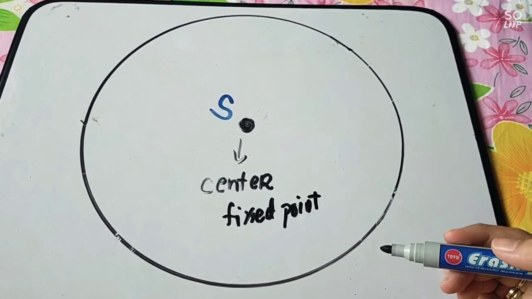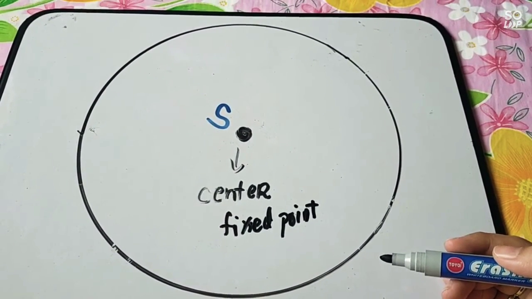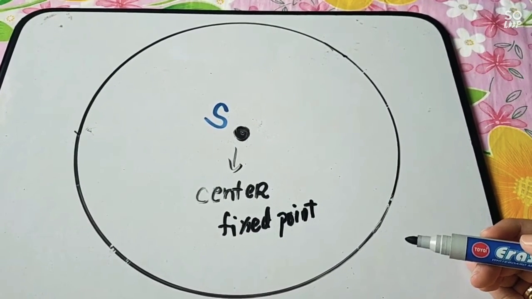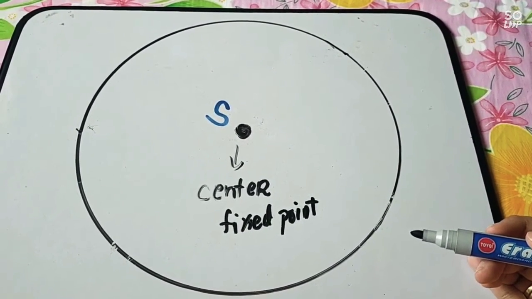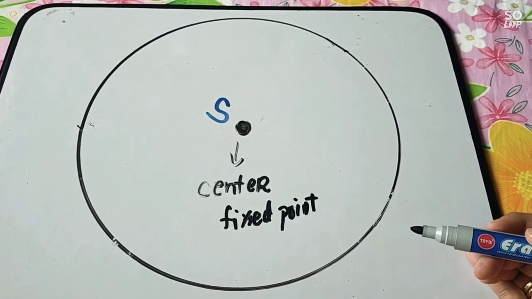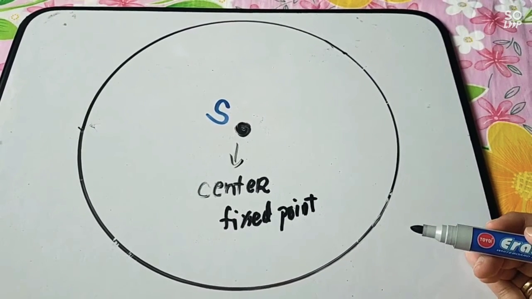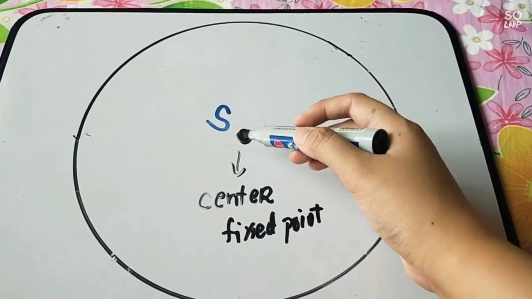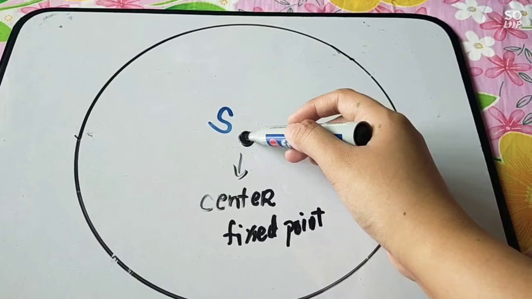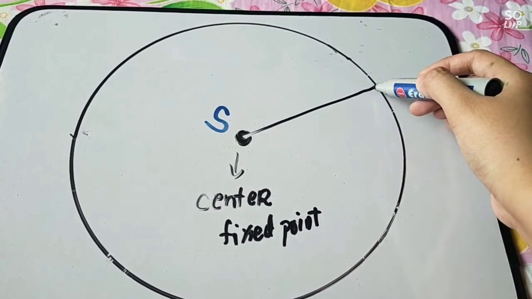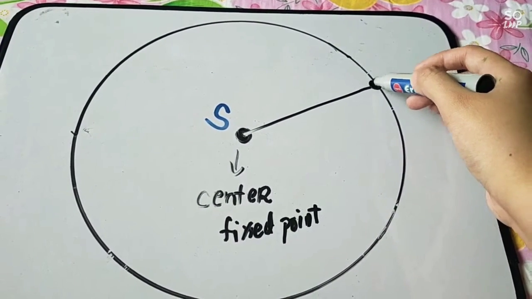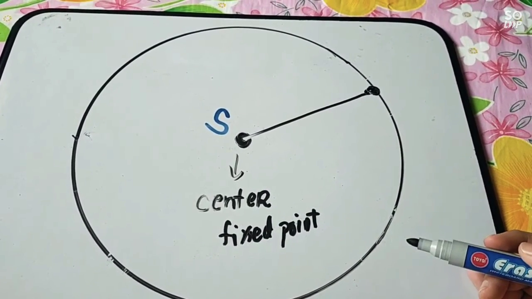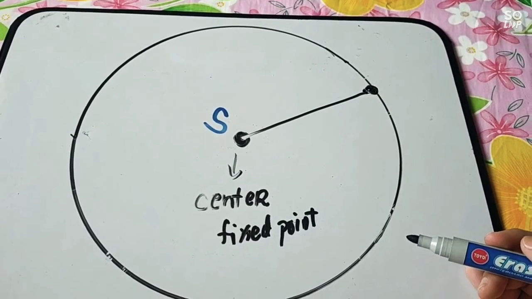Why is it fixed? Kasi hindi siya dapat mabago o mapunta kung saan-saan. Why? Because you cannot create a perfect circle if there is no center point. Is it clear? This center point, then if you are going to draw a line from the center point to any point on a circle, it must have a fixed distance.